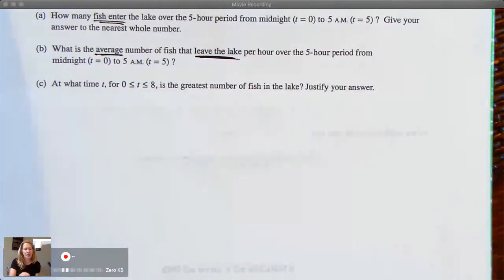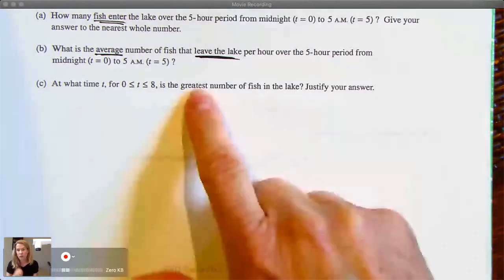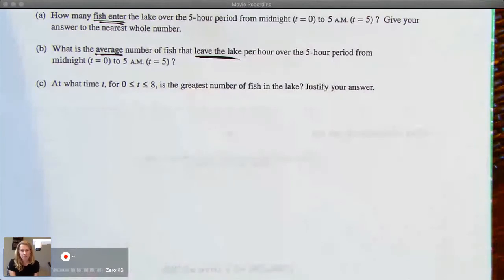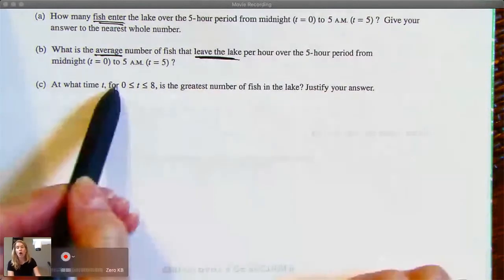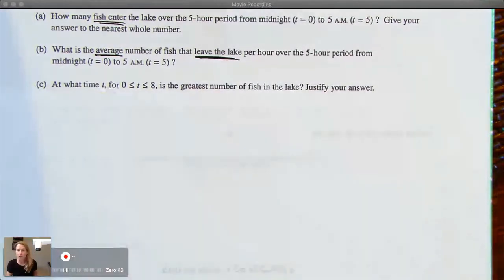Do you remember the name of this type of problem? Optimization, maxes and mins. Specifically, what kind of max or min? Since it's greatest number, I think we'll just stick with max. Yep, Q, you got it. Anybody else? This is an absolute max problem. We're looking for the greatest number of fish in the lake from the entire time, from time 0 to 8, so we are using the endpoints.